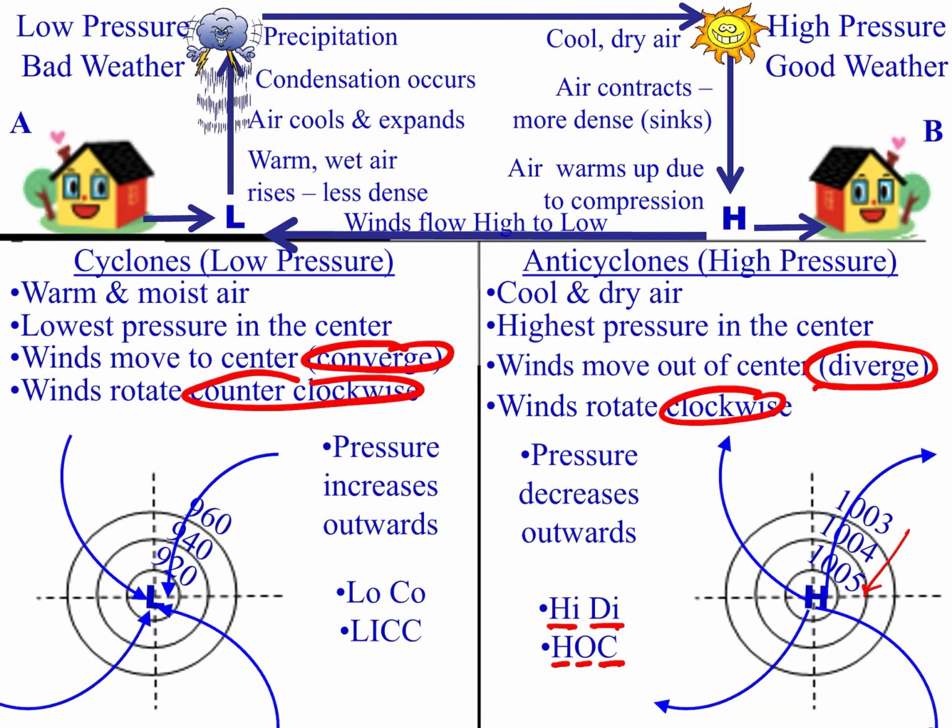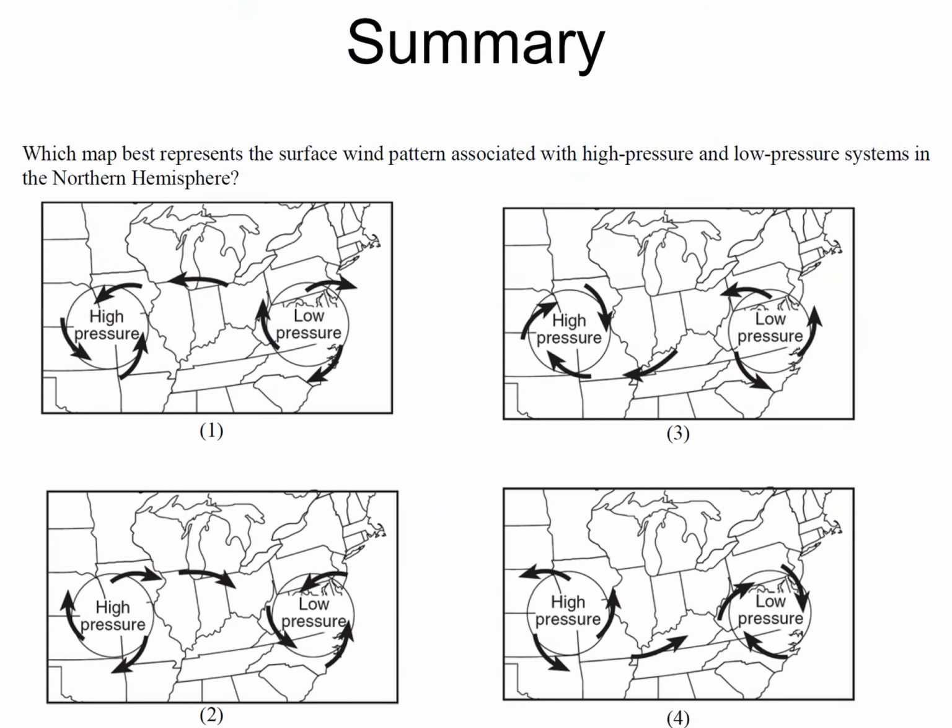Okay, so very important page. Make sure you understand and can relate all this stuff. So on this page, this is just summarizing everything that we said. So you have this and you have this. High pressure goes out and clockwise. Low pressure goes in and counterclockwise.